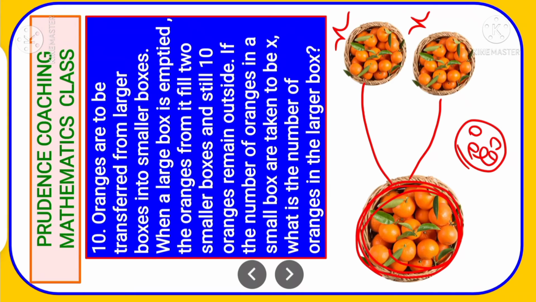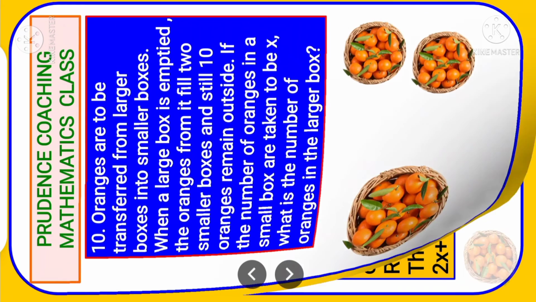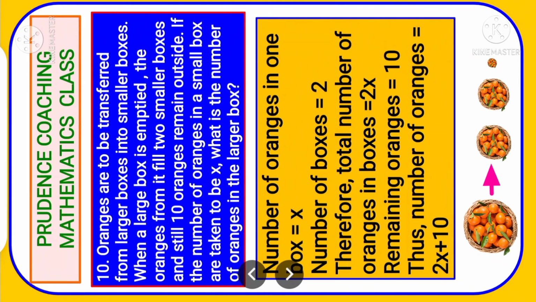Here the variable x is used to represent how many oranges are there in each of these 2 small boxes. As you can see, if we add them, we get x plus x, that is 2x, and after that also we are left with 10 oranges, so plus 10. So in this large box, how many oranges are there? 2x plus 10. So let us see how we are going to write this answer.